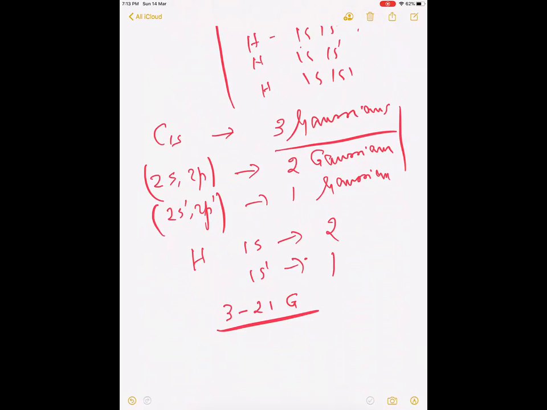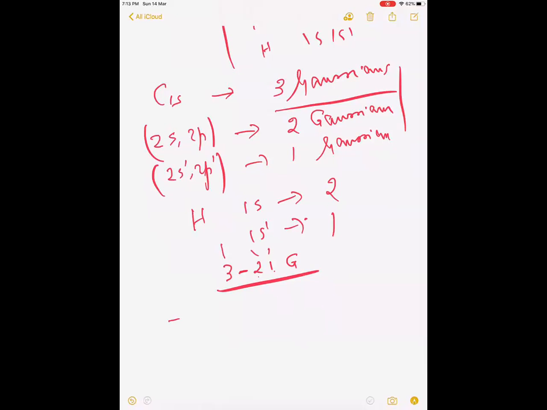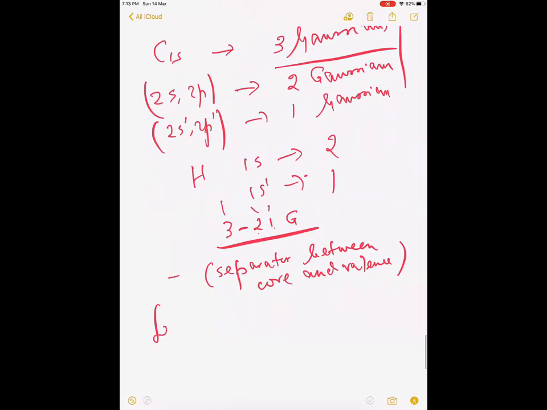You will now realize why. This dash is a separator between core and valence. The left of the separator is core.